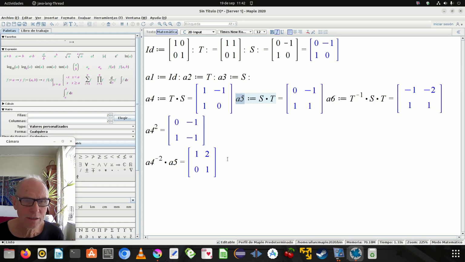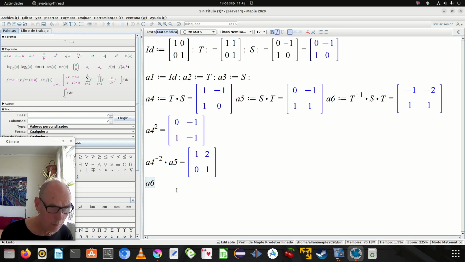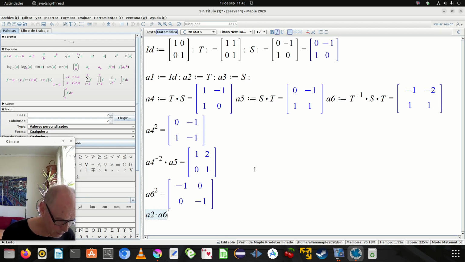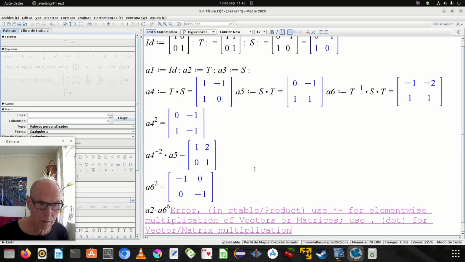And finally A6, it has order 2. That reminds me of T. So if we say A2 dot A6 squared, it didn't like that.